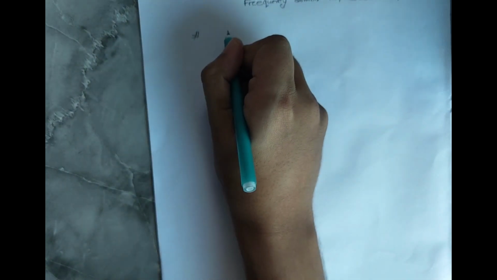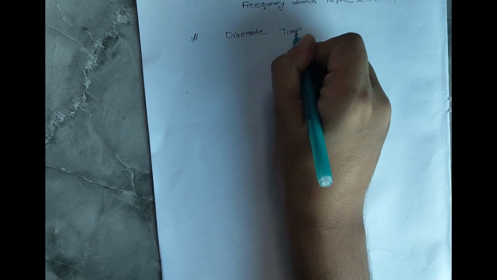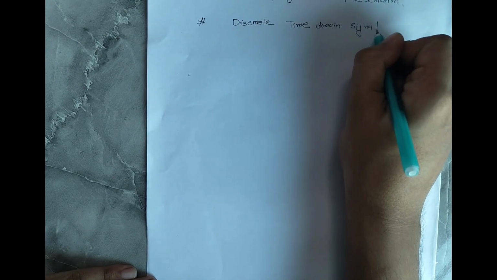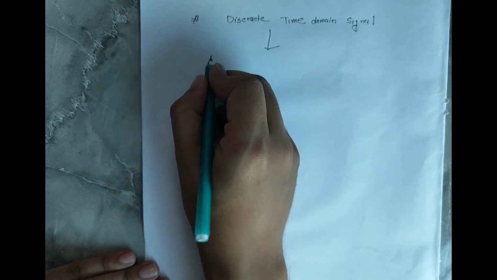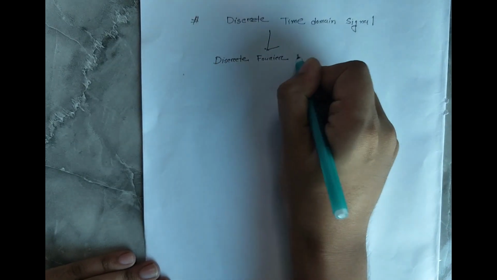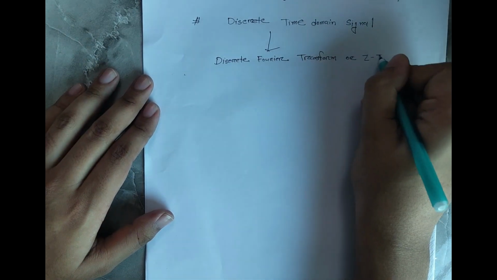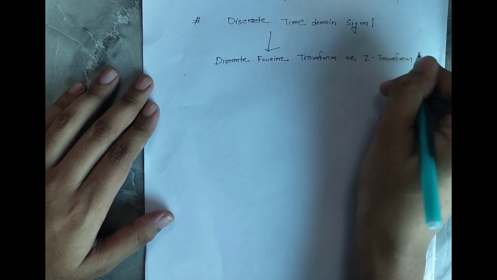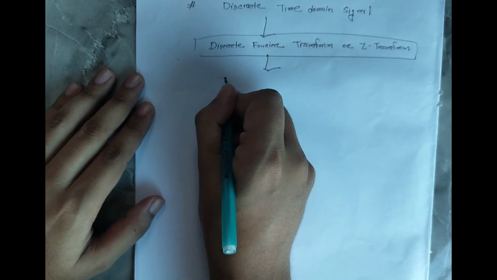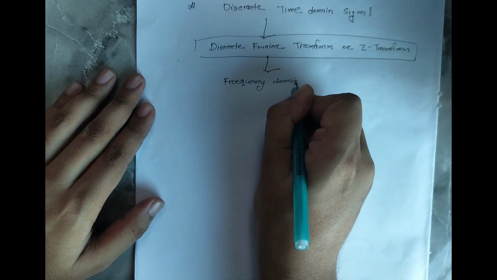If we consider a discrete time domain signal, by applying discrete Fourier transform or Z transform, then we will get a frequency domain representation.